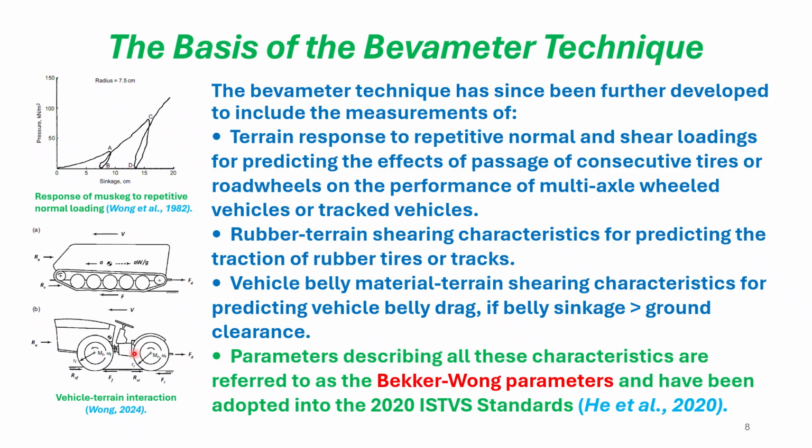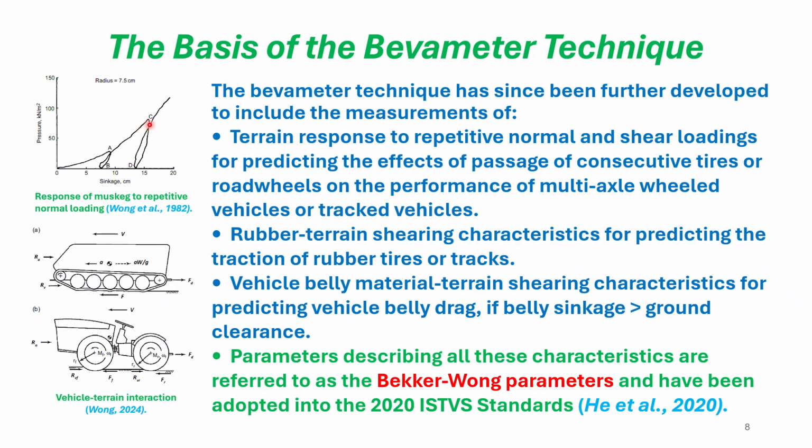As the vehicle is moving forward, this element of the terrain will be subject to the loading of the rear tire. In this case, the pressure will start from zero and then will follow the reloading line. If the normal pressure applied by the rear tire is higher than that by the front tire, then the pressure sinkage relationship will follow this line.